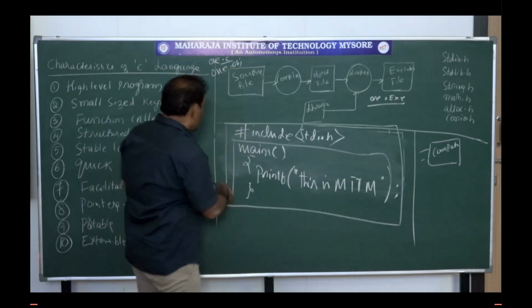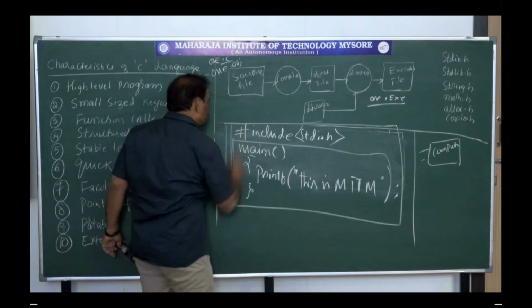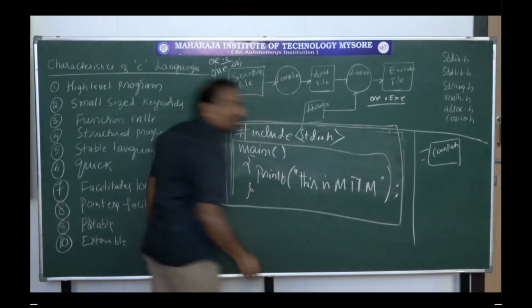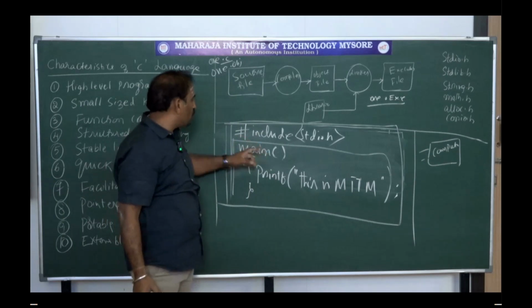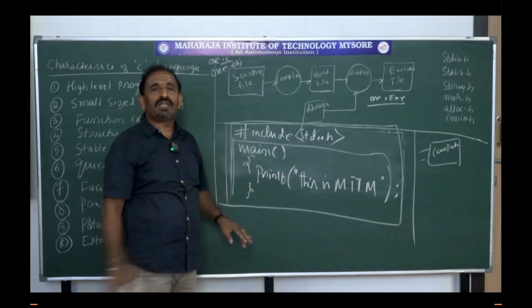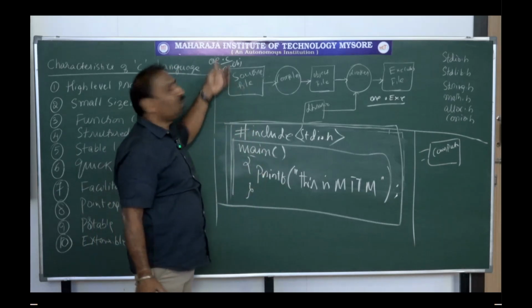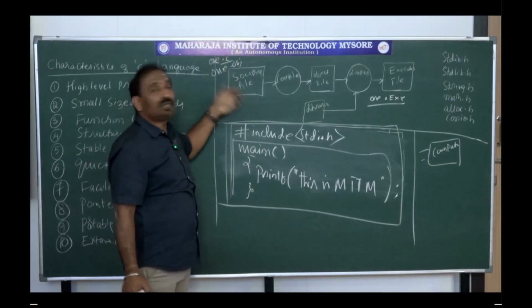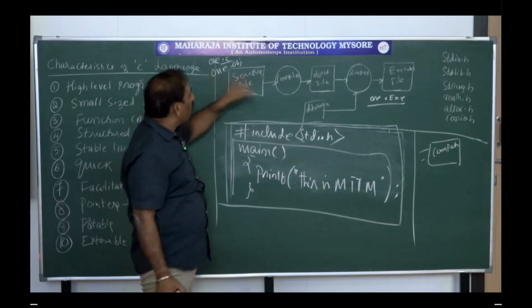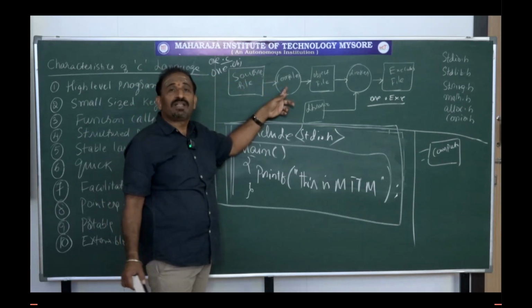So the source file is only this. This is your source file. In this source file, you will type the program using an editor and store it as 1.c. Now I am passing it on to a compiler.